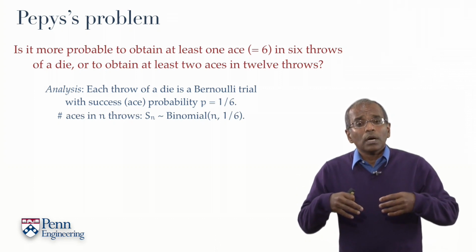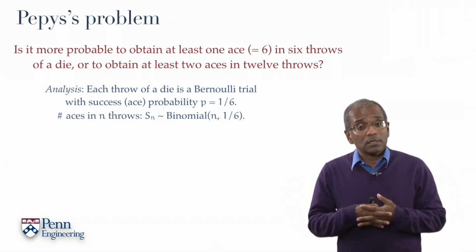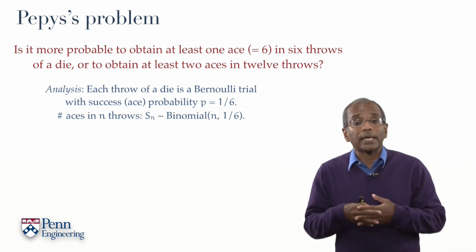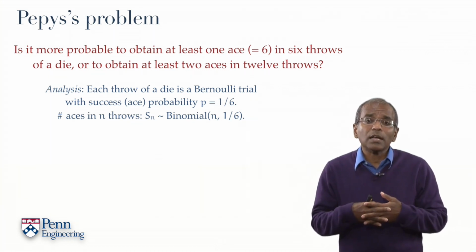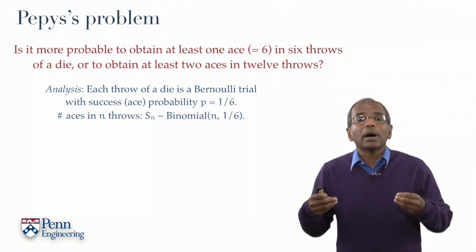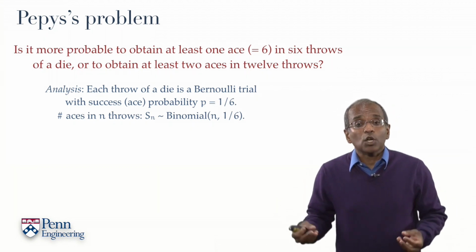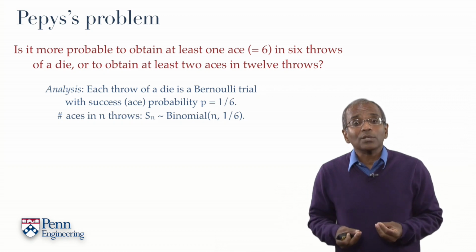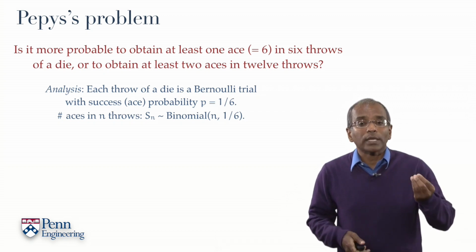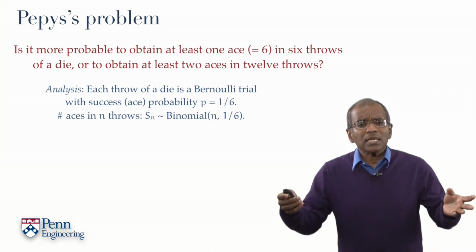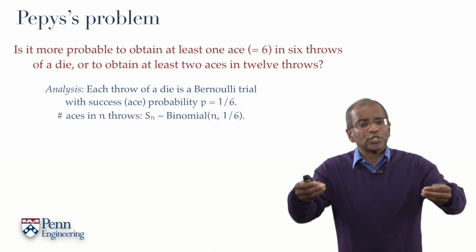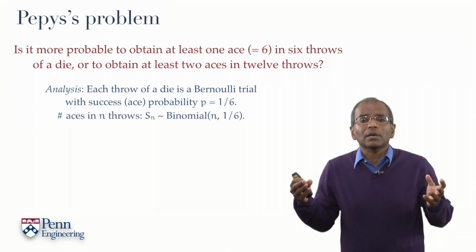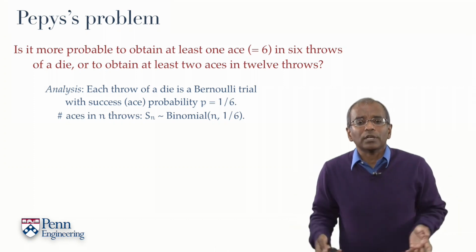And therefore, in n trials, the number of 6s obtained in this interpretation is S sub n, and of course it's going to be governed by a binomial distribution corresponding to n trials and whose success probability is 1 in 6. With this in hand, it becomes transparent and easy to write down a formulation, and all that will be left, all bar the shouting, is a numerical evaluation.